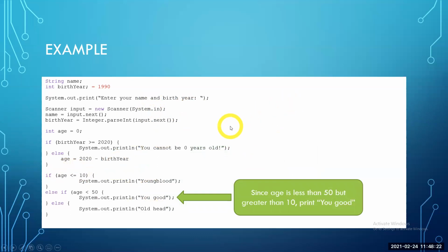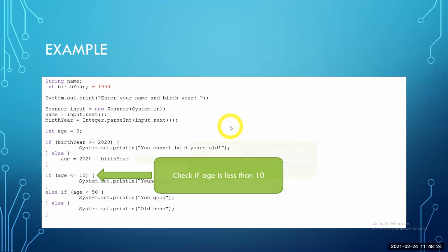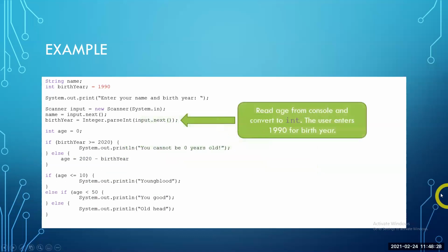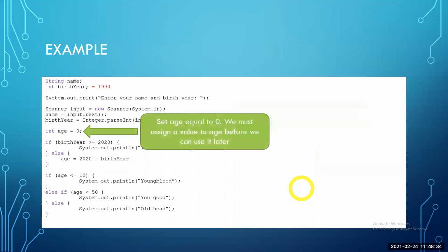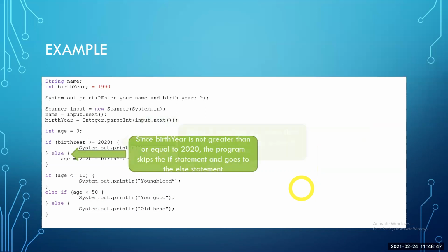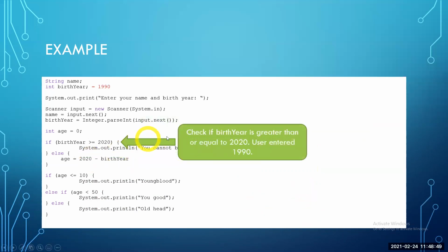So they entered in a birth year of 1990. We create a variable to hold age. Then we check, is that birth year they entered in greater than or equal to 2020? If it is, we say you cannot be 0 years old.